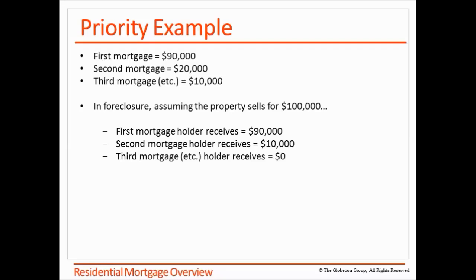So the first mortgage holder receives $90,000, the second mortgage holder receives $10,000, and the third mortgage holder receives nada. So it's important to understand from a risk management perspective how your company's mortgage position is determined and how your company's mortgage position is held for a lot of the loans that you're servicing.